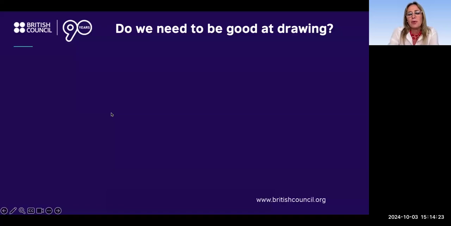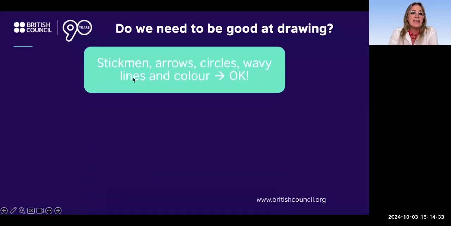Now, many people wonder if they need to be good at drawing because they feel they may not be particularly skilled at drawing, but we do not really need to draw, so we don't need to be artists. So we can simply use stickmen, we can use arrows, circles, wavy lines, and color, of course.